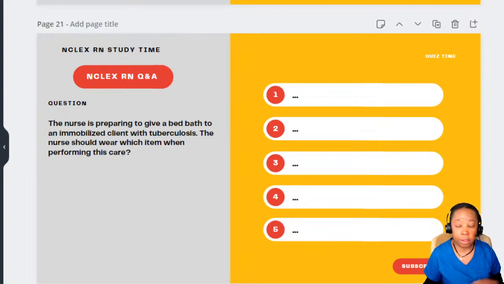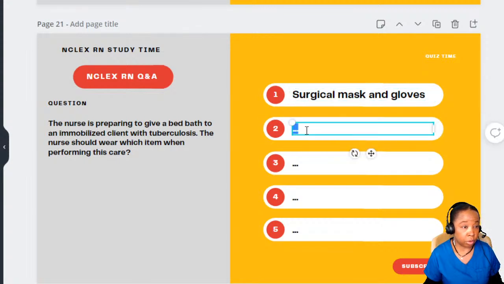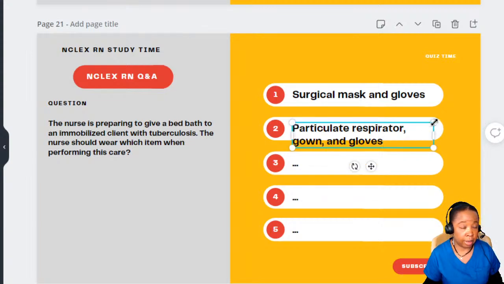Do you think the nurse should wear surgical gloves and mask? Do you think the nurse should use gloves, the respiratory mask and gown? Okay, let me put the option for you so you can see exactly.